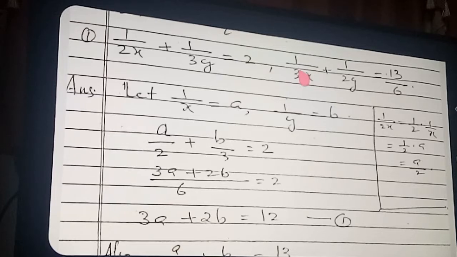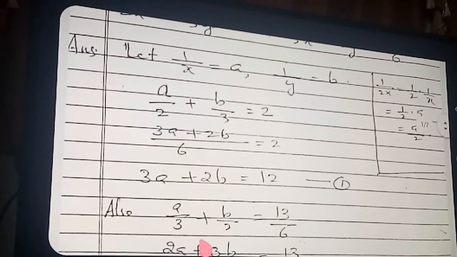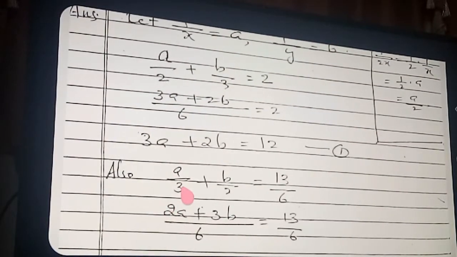In the same way, here apply 1 by x is equal to a, so you get a by 3. Here 1 by y is equal to b, so b by 2 is equal to 13 by 6. See here, a by 3 plus b by 2 is equal to 13 by 6.